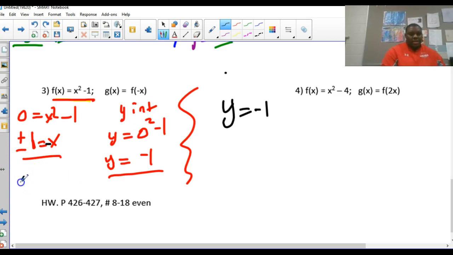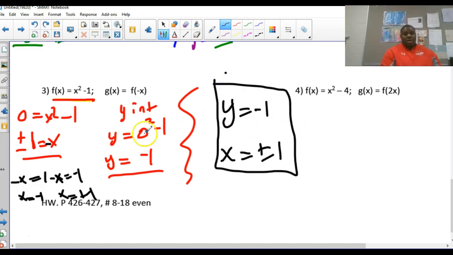And ironically, if I move the negative over this side, it's x equals negative 1. And if I move the negative over here, I get x equals positive 1. Well, I still end up with plus or minus 1. So x equals plus or minus 1. These happen to have the exact same x and y intercepts.